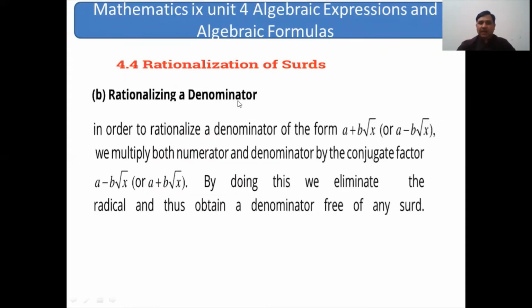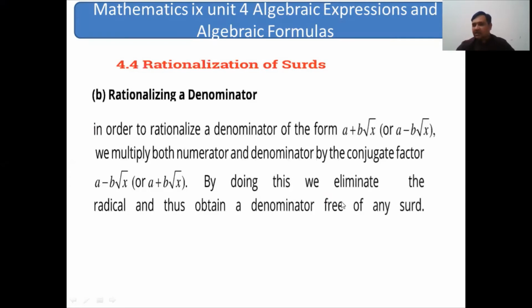Rationalizing a denominator. In order to rationalize a denominator of the form a plus b square root of x or a minus b square root of x, we multiply both numerator and denominator by the conjugate factor. If we have a plus b square root of x, then the conjugate will be a minus b square root of x, and if we have a minus b square root of x, then the conjugate will be a plus b square root of x.